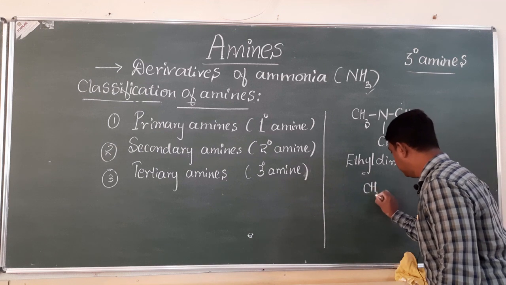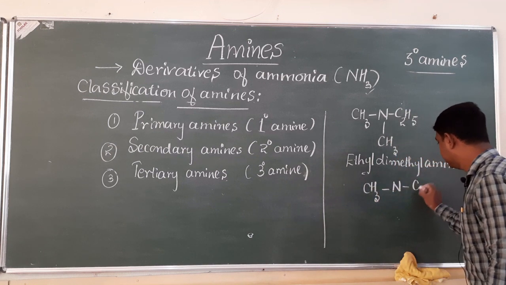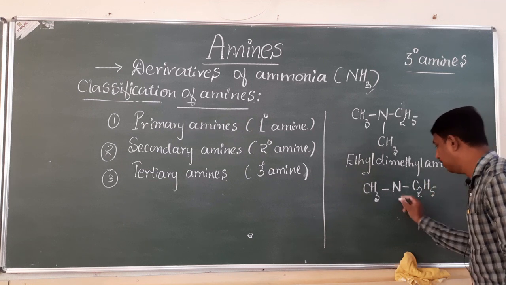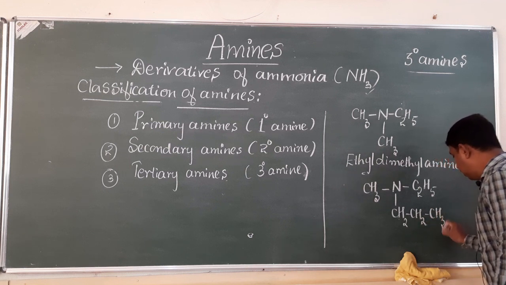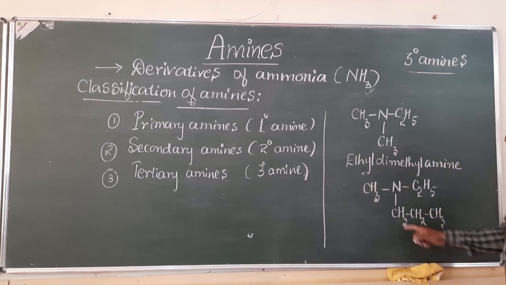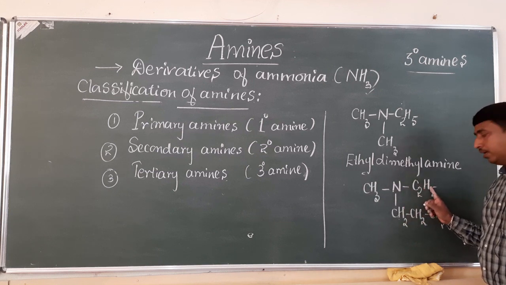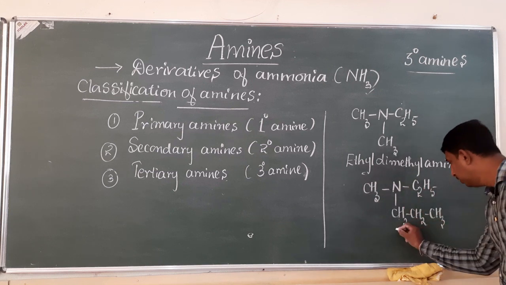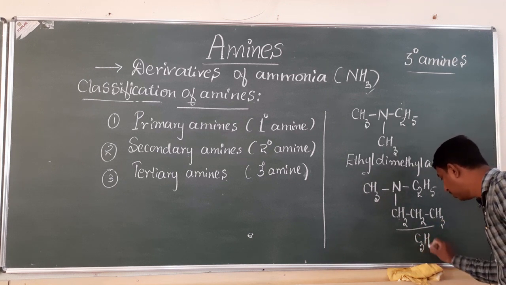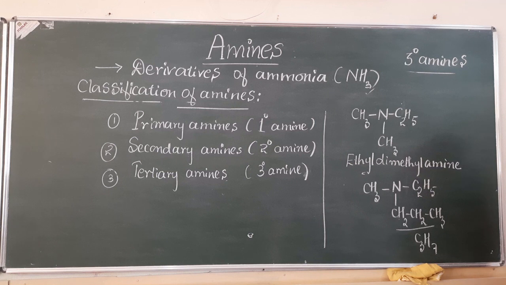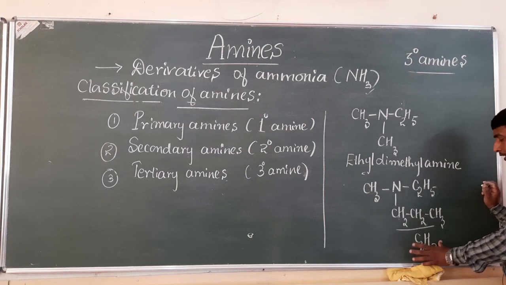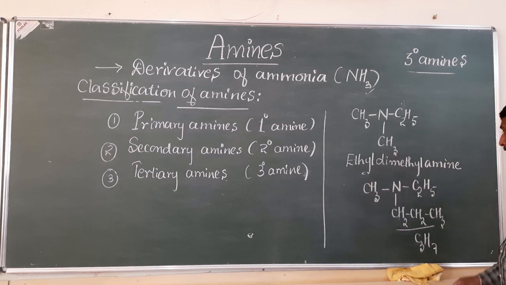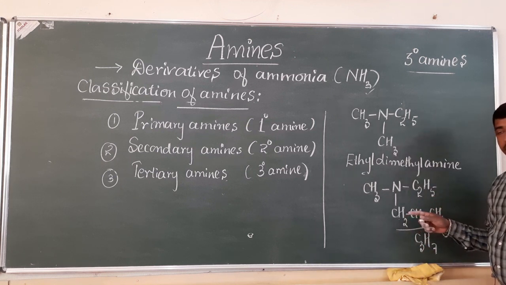One more. See, CH3, N, C2H5, CH2CH2CH3. This group can be written as C3H7. See, CH3 means methyl group, C2H5 is ethyl group, C3H7 is propyl group. Let us arrange those names in alphabetical order.